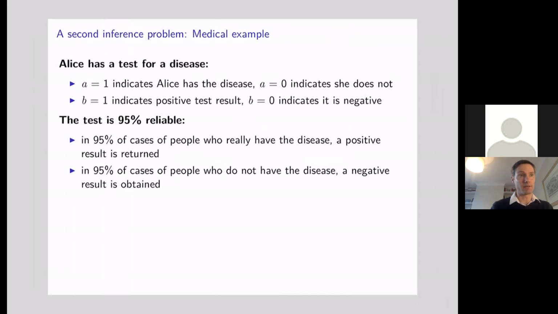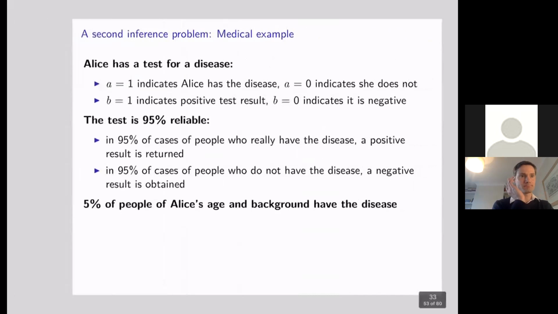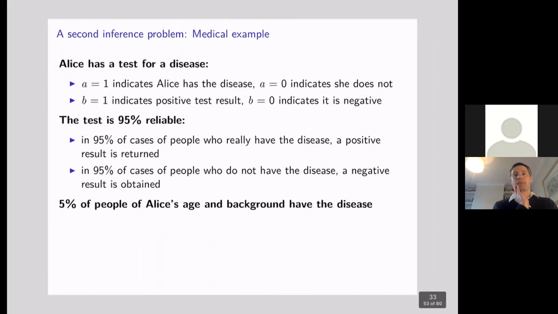Okay, so it's 95% reliable in both of those senses. And we know, because of things like the ONS survey, that 5% of people with Alice's demographics, so her age, her background, etc., have the disease. So before we've taken the test, we would say, I think there's a 5% chance that she has the disease.